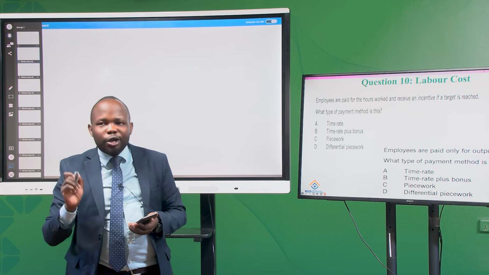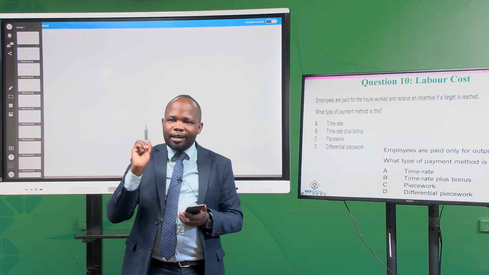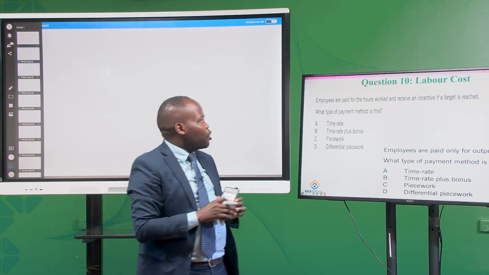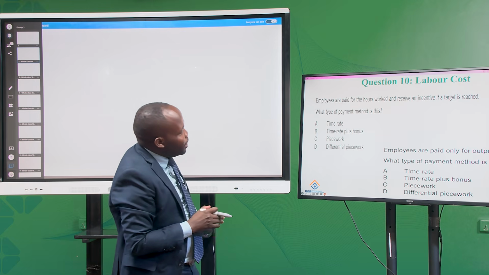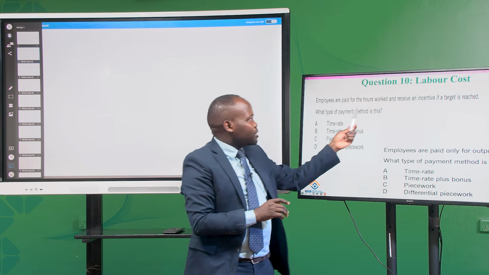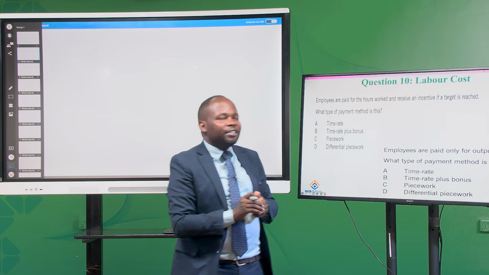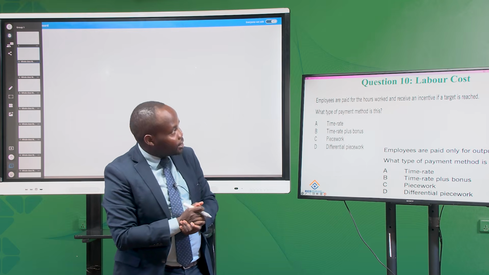Question number 10, now we are going to the 5th topic, and the 5th topic, we are looking at labor. Now in labor, you are being asked, employees are paid for the hours worked and receive an incentive if the target is reached.